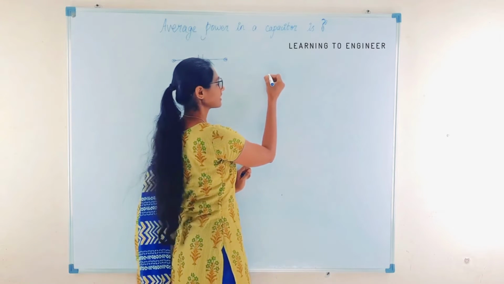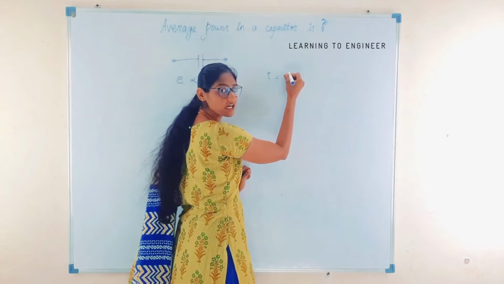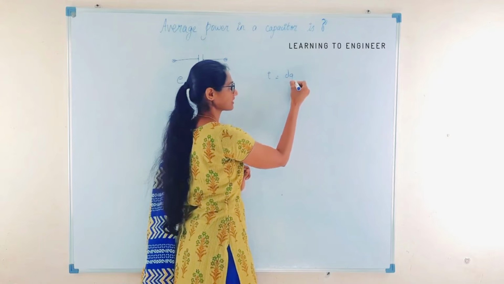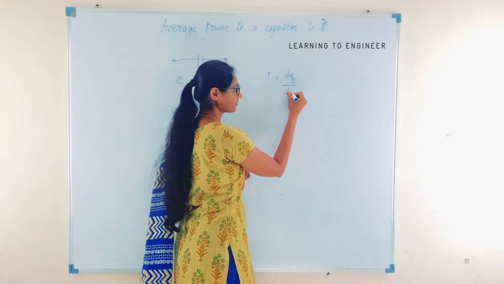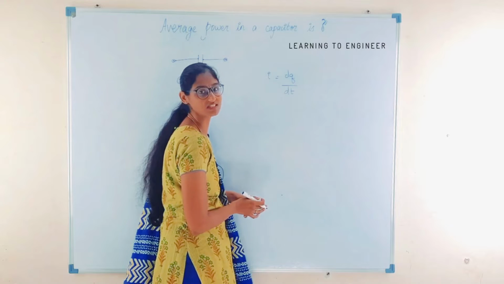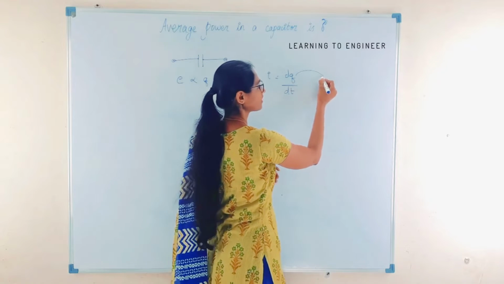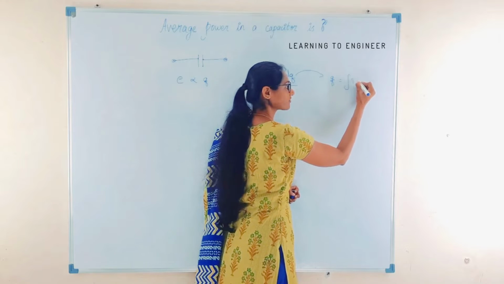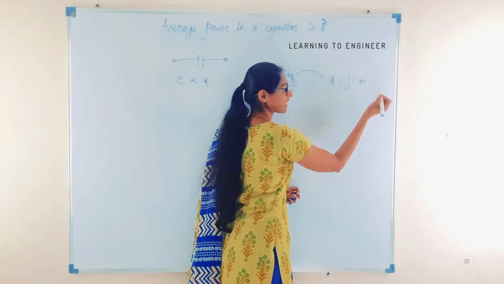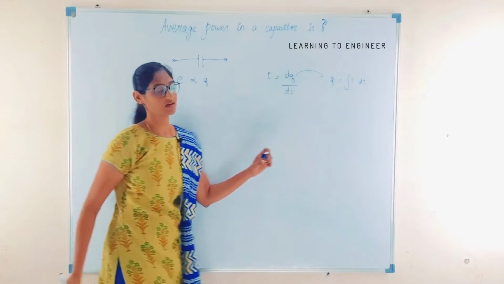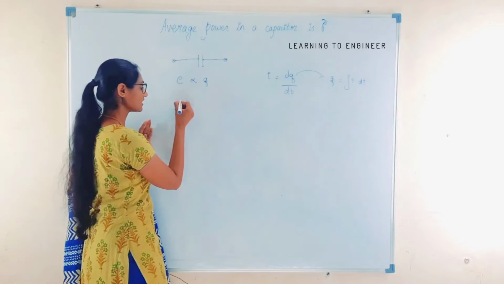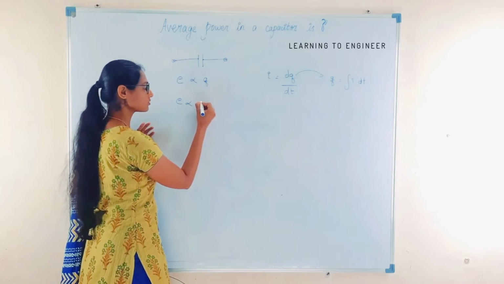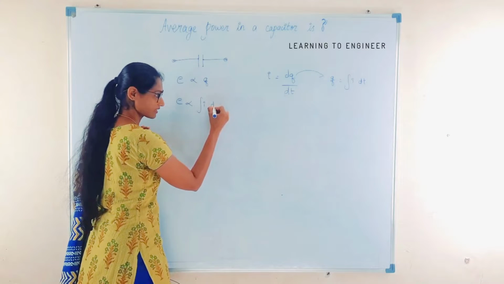We all know that current is the rate of change of charges. I is equal to the differential of the charges with respect to time. So, what is charge? Charge is equal to the integral of current with respect to time. Okay. So, this EMF is proportional to the integral of current.